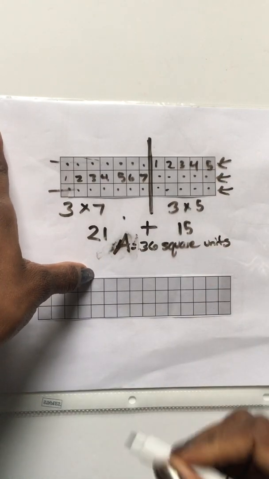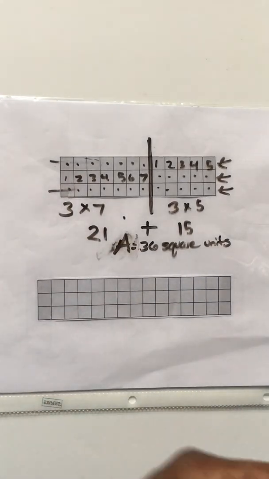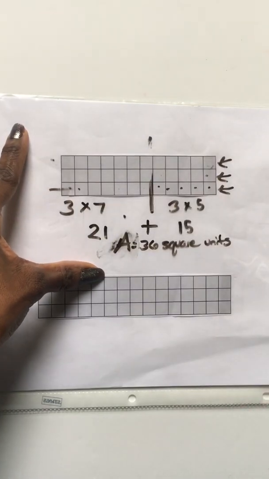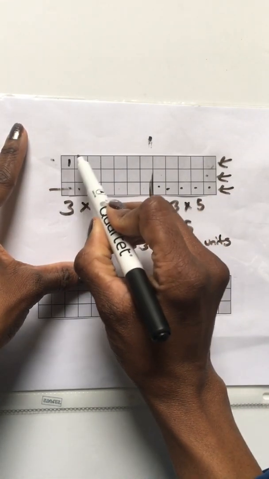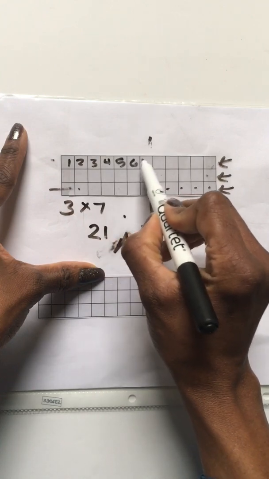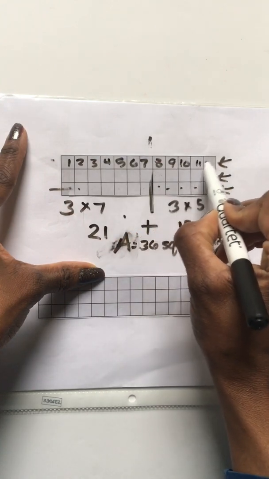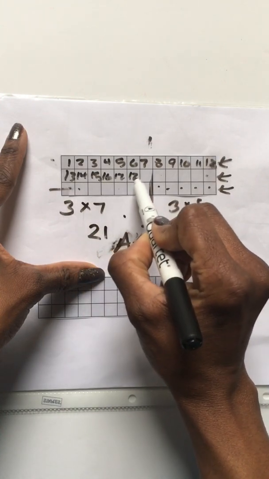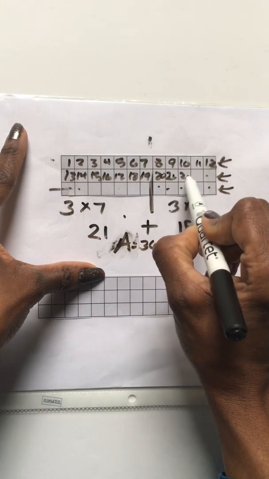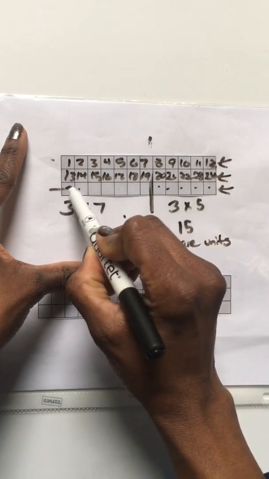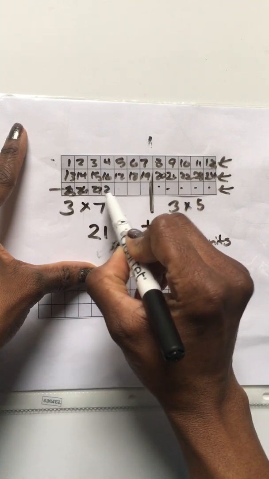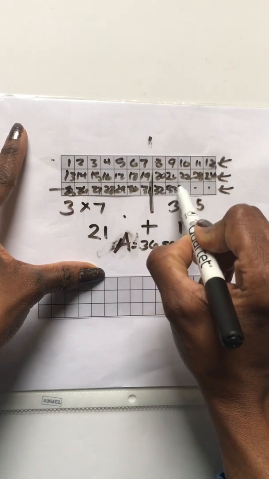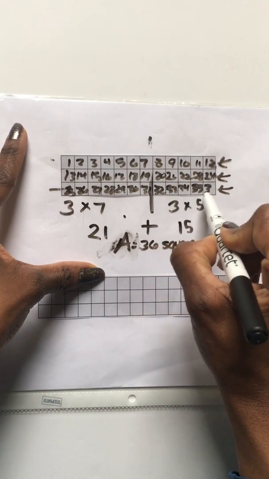And of course, I can always go back and count my square units on the inside just to make sure I'm correct. Here goes. 1, 2, 3, 4, 5, 6, 7, 8, 9, 10, 11, 12, 13, 14, 15, 16, 17, 18, 19, 20, 21, 22, 23, 24, 25, 26, 27, 28, 29, 30, 31, 32, 33, 34, 35, 36.